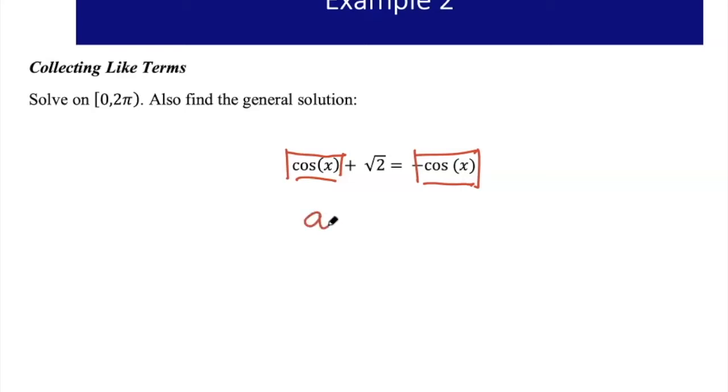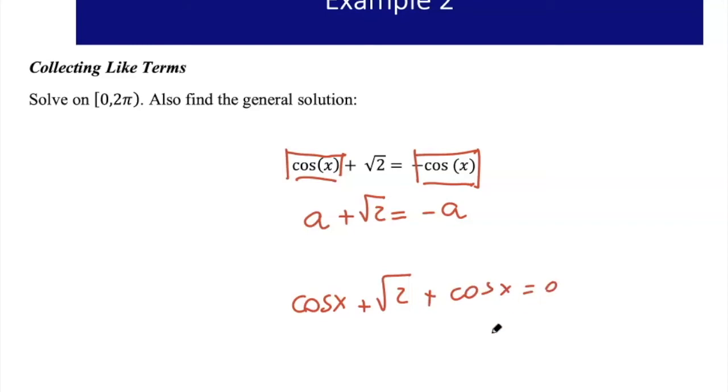As if it were, for example, a plus root 2 equals negative a, where a is my cosine of x. So what I want to do here is treat cosine of x as my variable, and I will write cosine of x plus root 2 plus cosine of x equals 0.